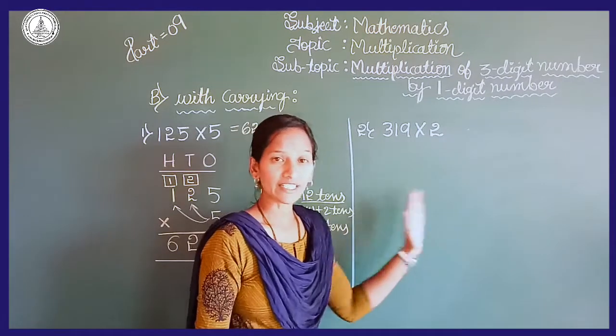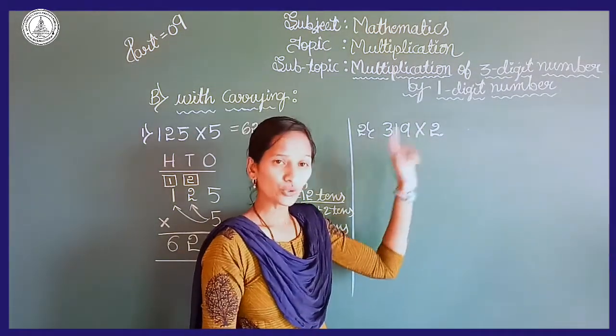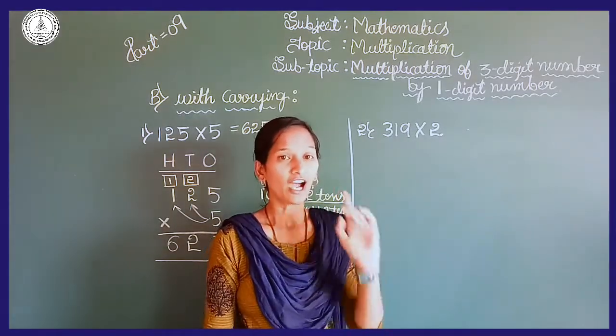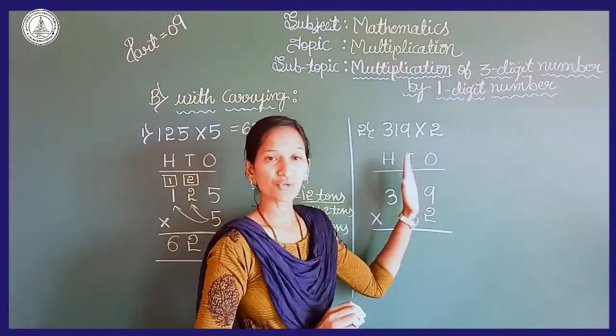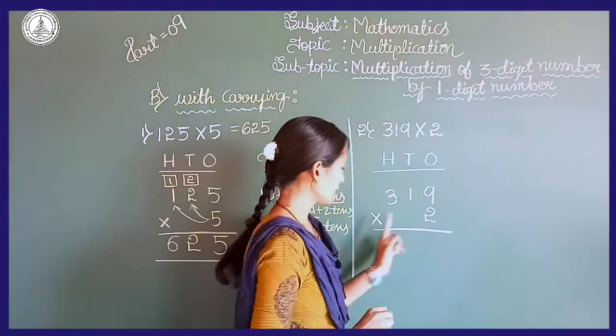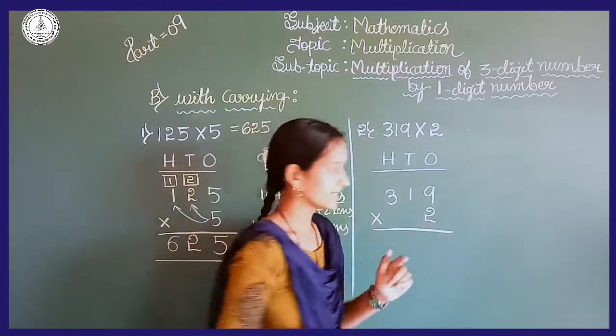So now come to the second problem, that is 319 into 2. First you have to write down these numbers under the columns of hundreds, tens and ones. So look here, the first step is you have to solve the numbers in the ones column. So 2 into 9. 2 nines are 18.